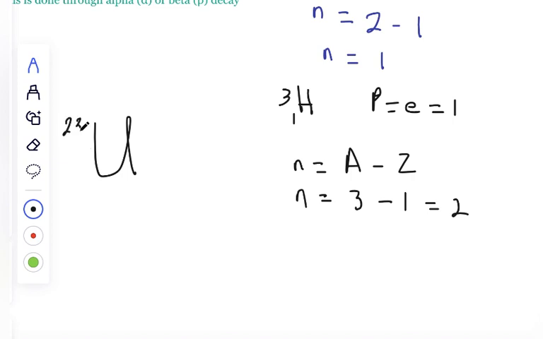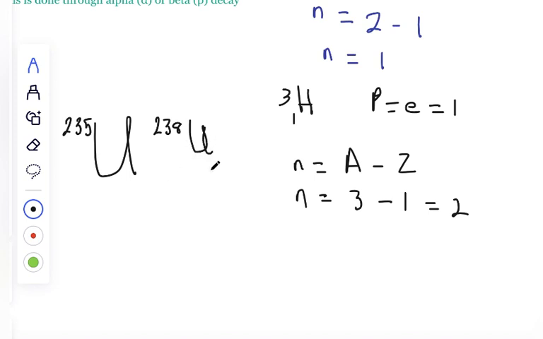It exists in these two isotopes. So they are radioactive elements. Why? Because their nucleus becomes unstable. They can disintegrate to form a daughter nucleus and an alpha particle. Okay, they can emit an alpha particle.